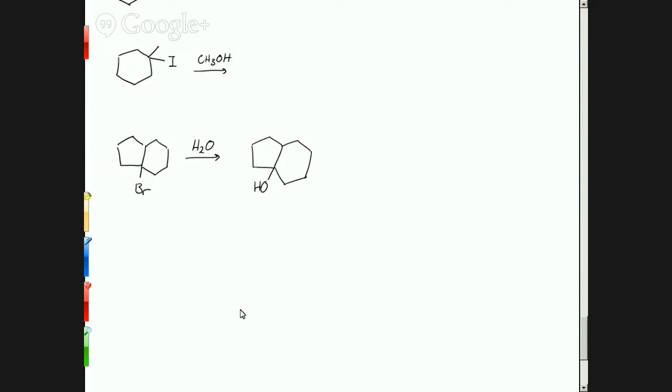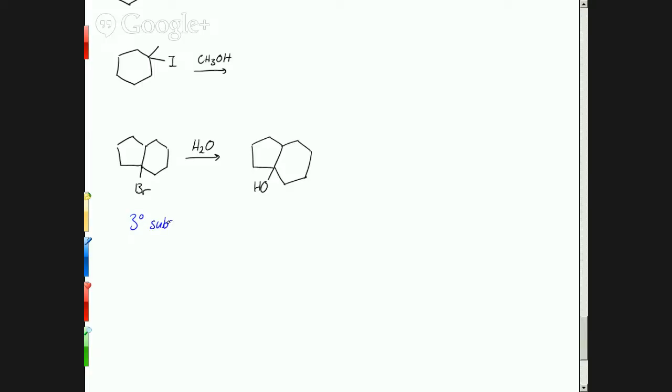First we look at the substrate. What type of substrate is it? Yeah, it's a tertiary substrate. The carbon attached to the leaving group has 3 other carbons attached to it.